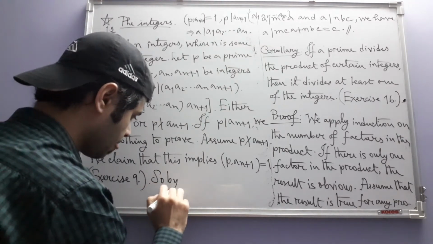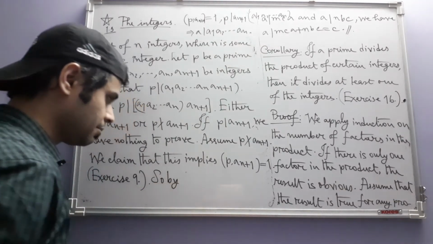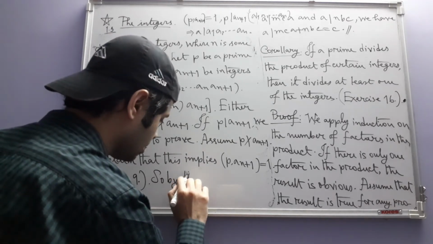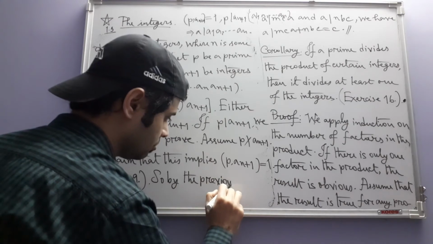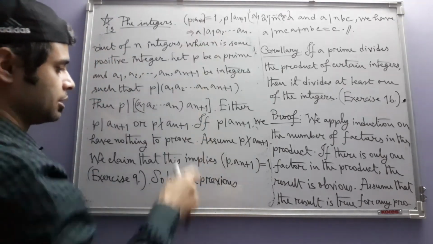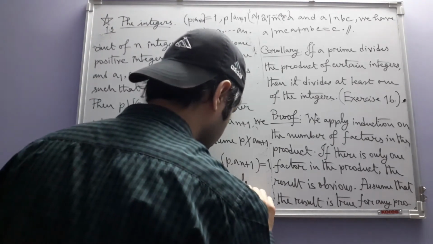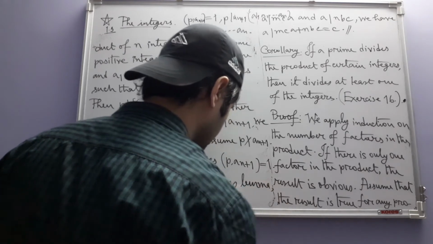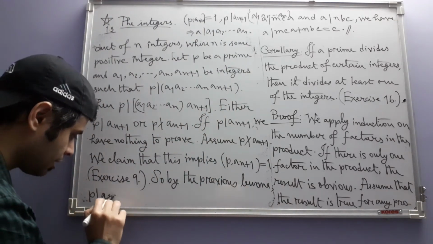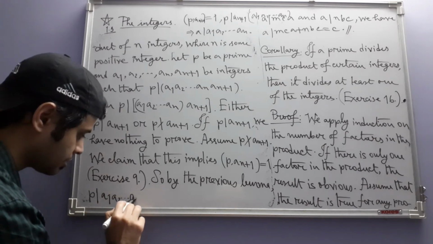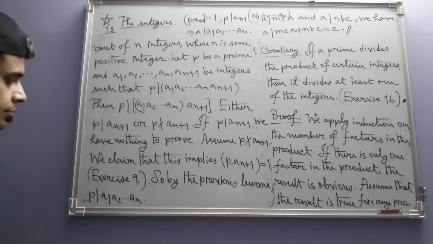So by the previous lemma, P divides A1, A2, A3, etc. up to an.